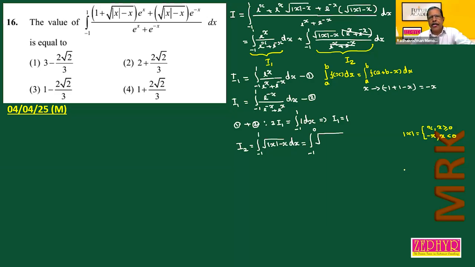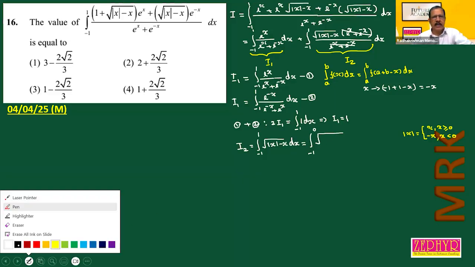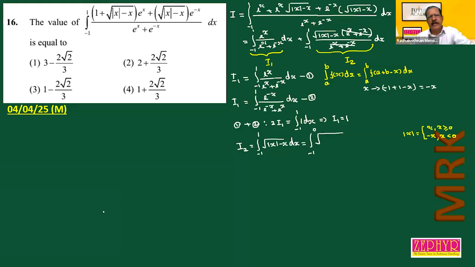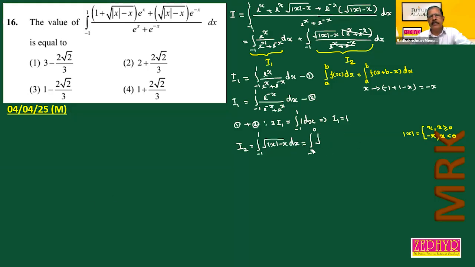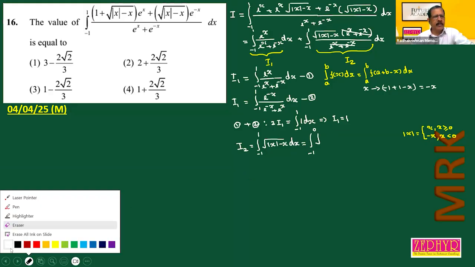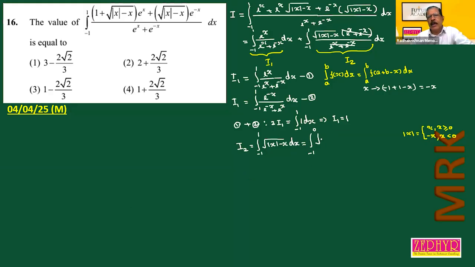Now, minus 1 to 0, mod x is less than x, so we have to write minus x dx.